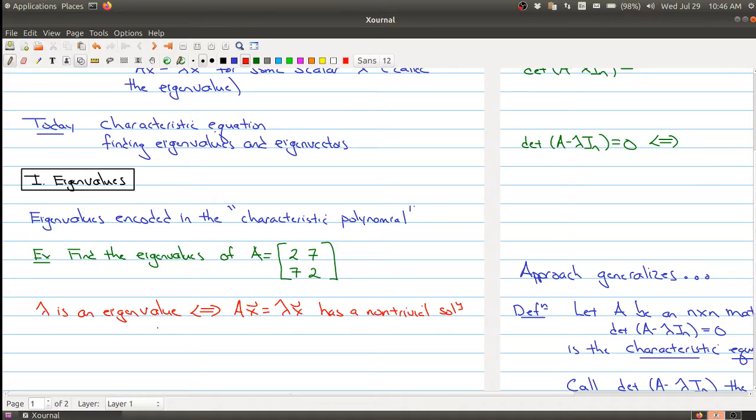But you can rewrite this so that we have matrices on both sides: Ax is equal to lambda I2 times x. Because they're matrices on both sides, we can rearrange the equation and factor out the x, and we get A minus lambda I2 times x is equal to 0, and this has a non-trivial solution.